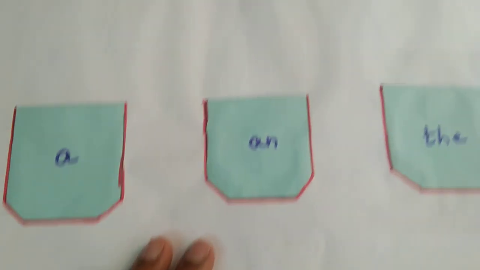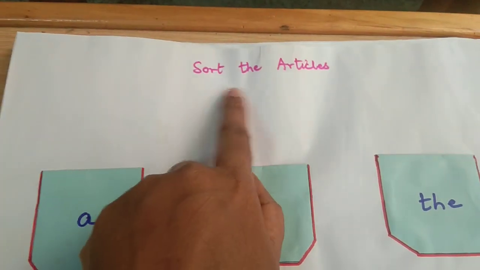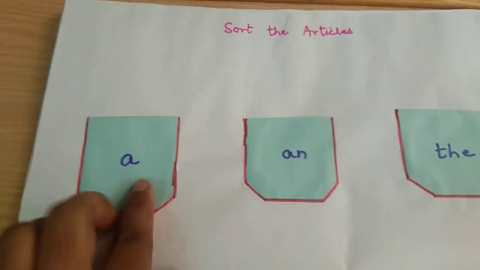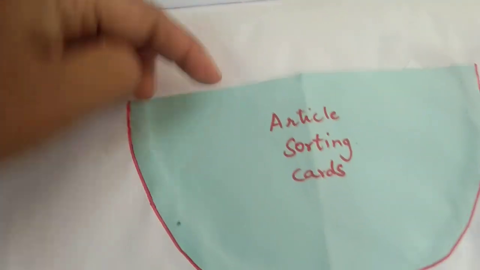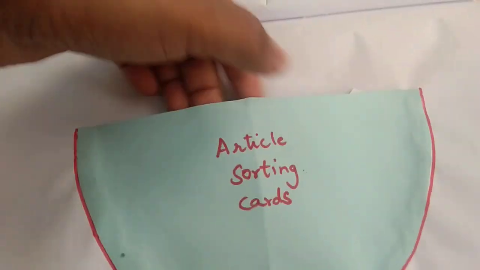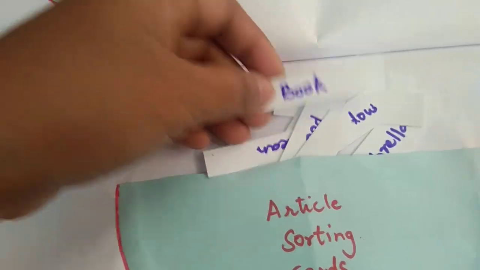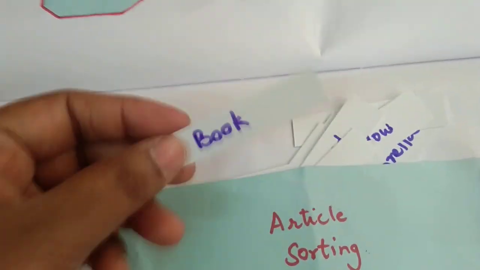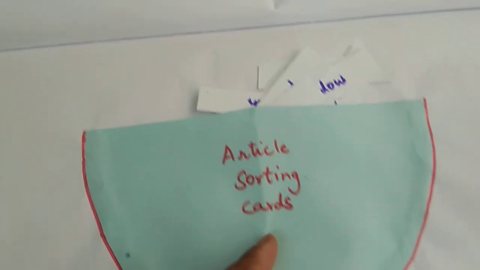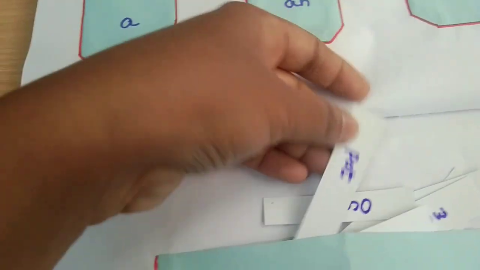Next, I have some sorting activities, sort the articles. I have made three pockets here, and you can see this is like a holder. I have written lots of words and put them under this so that I don't miss them here and there, and everything is stored here. You can see book, a book, a pot.